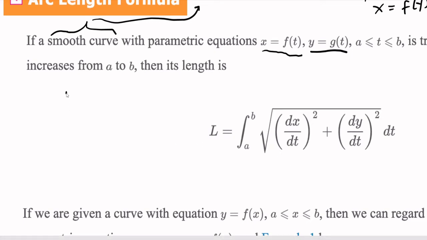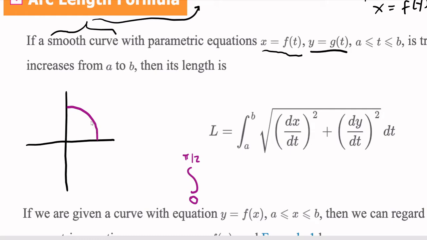So, okay, I've got my parametric equations for my circle, and I'll rewrite them so we can see them. So here's what I'm interested in. I'm interested in the arc length from, let's do 0, and we're going to do radians, 0 radians to pi over 2 radians. Okay, so that would be this length of my circle. So before we go on, stop and think.